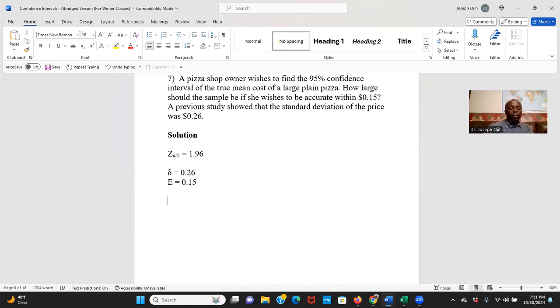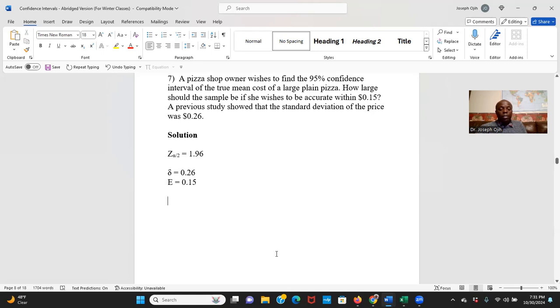So putting all this in the formula, let me write them down. Z alpha over 2 is 1.96. Sigma is 0.26. Error 0.15. So let's put this on the calculator.